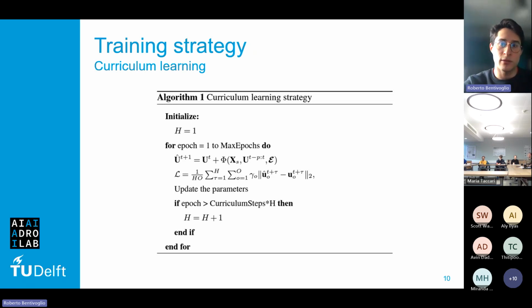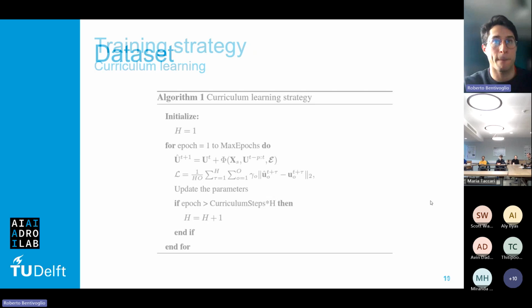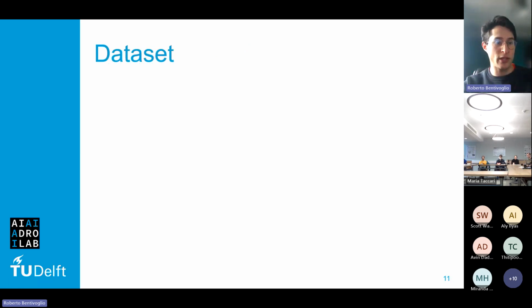In this case, we used a strategy based on the number of epochs because there was not much difference with other strategies, and this was a bit more consistent, even independently of the value of the loss that we're getting. So that's the model, how we trained it. And now let's see what we applied it to.